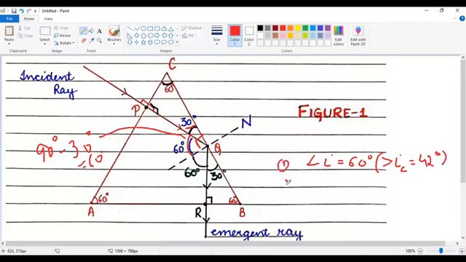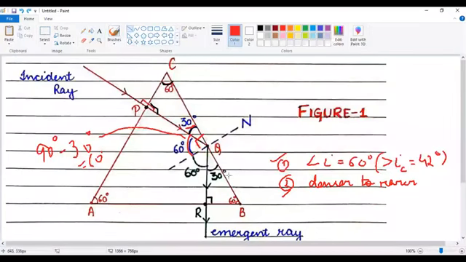Moreover, the light is going from denser to rarer medium. So both the conditions of TIR are satisfied at this place. What does it mean? It means that at point Q, the light will not get refracted in air.